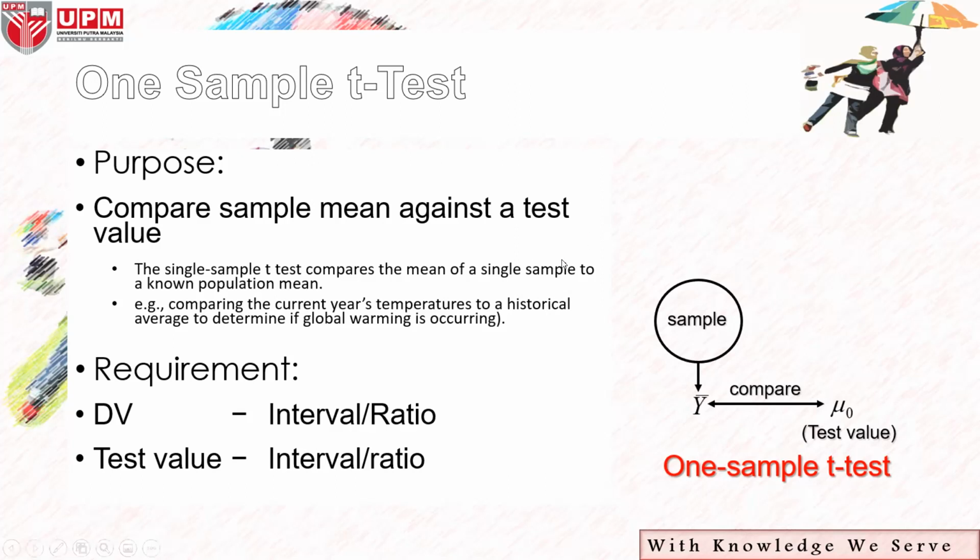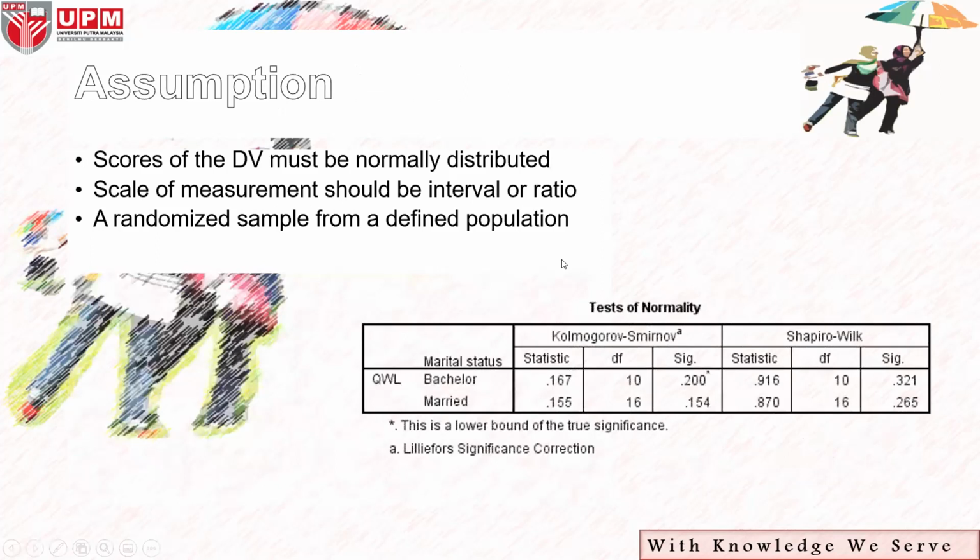The assumptions for the one sample t-test: the scores of the DV must be normally distributed, the scale of measurement should be interval or ratio, and the data must be collected from random sampling from a defined population. Meaning we know our population and then we randomly pick the sample. And then we test our normality.